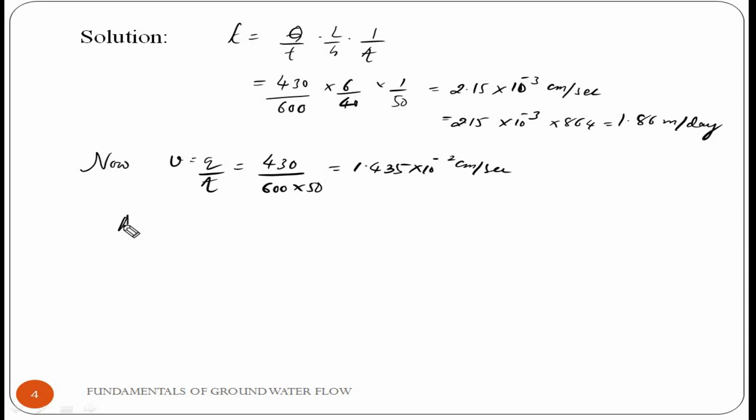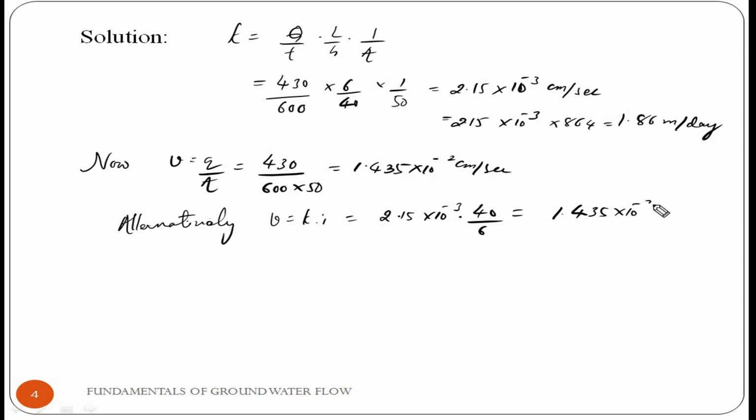Alternatively, we can calculate V, that is K, just now we have calculated 2.15 into 10 to the power of minus 3, and i is the hydraulic gradient, H by L, that is H is 40 and L is 6. So the answer will be coming around 1.435 into 10 to the power of minus 3 centimeter per second. So alternatively we can calculate with this equation also.